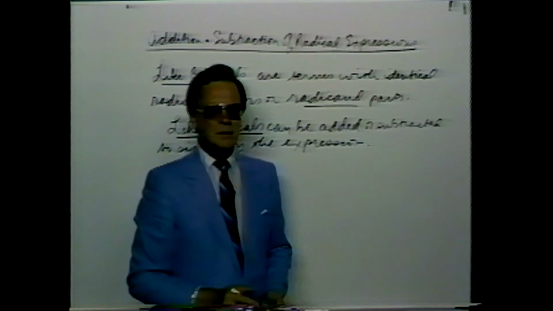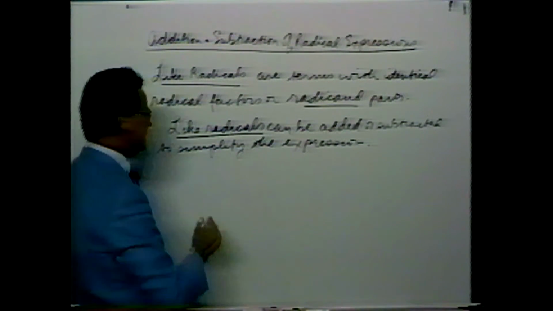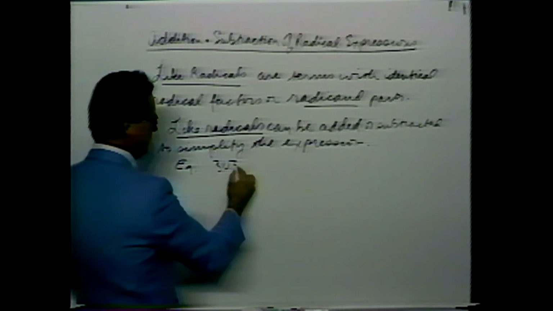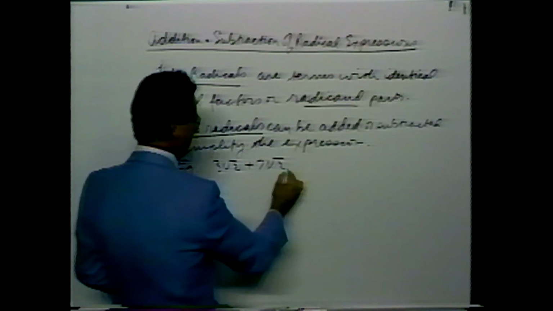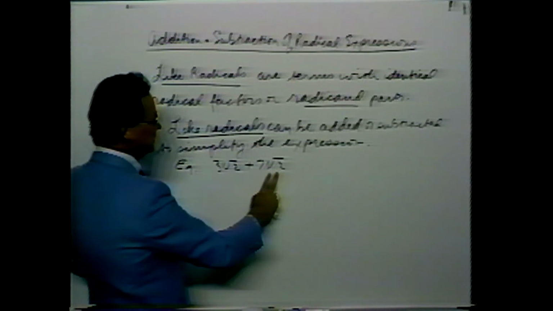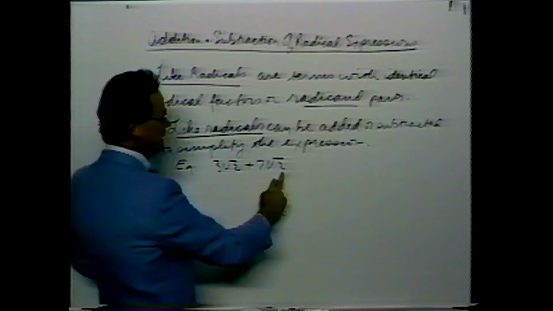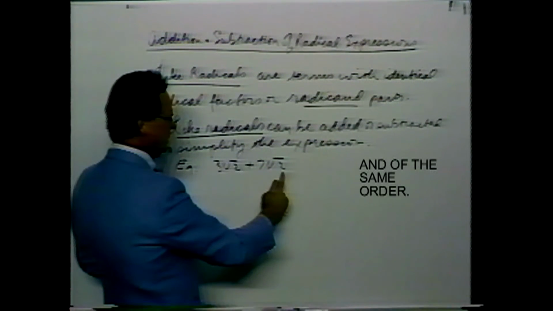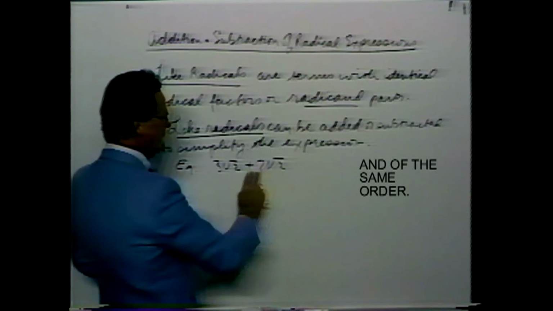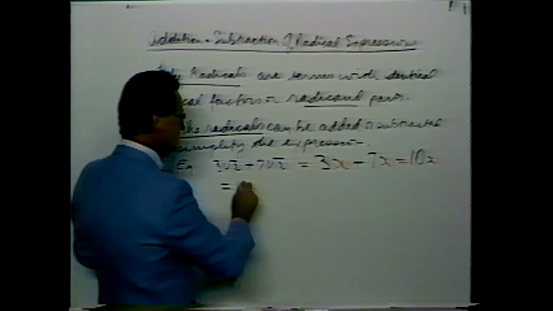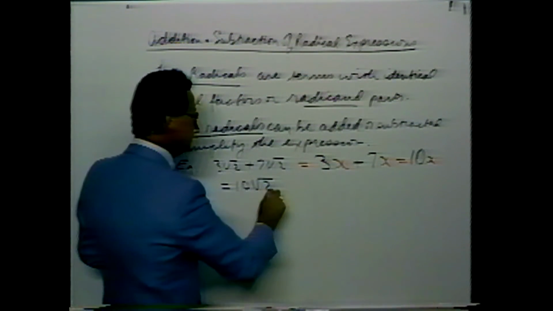For example, 3 root 2 plus 7 root 2. Here are like radicals. The radicand part of this one is exactly the same as the radicand part of this one. And the sum of these two is equal to 10 root 2.